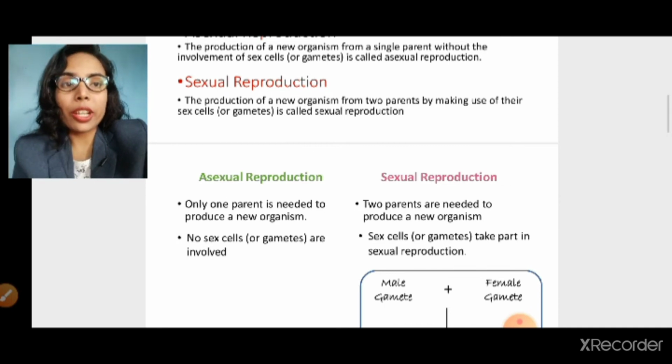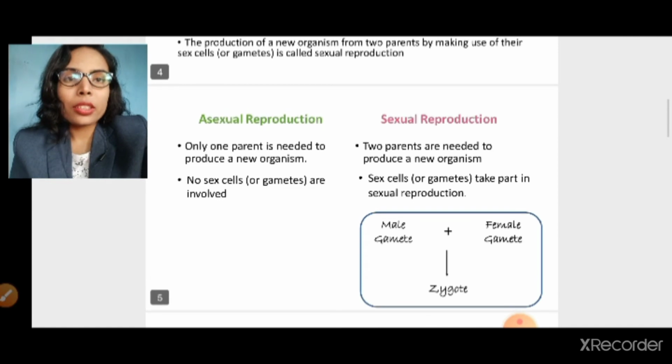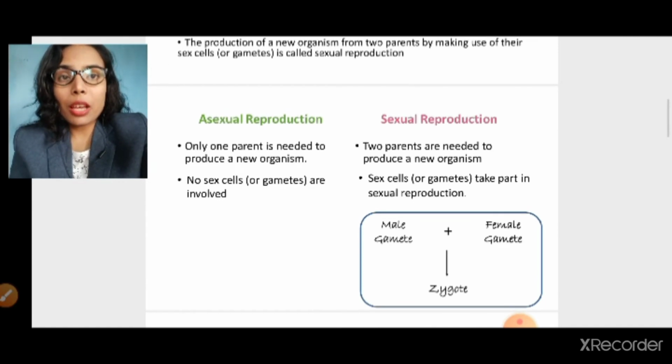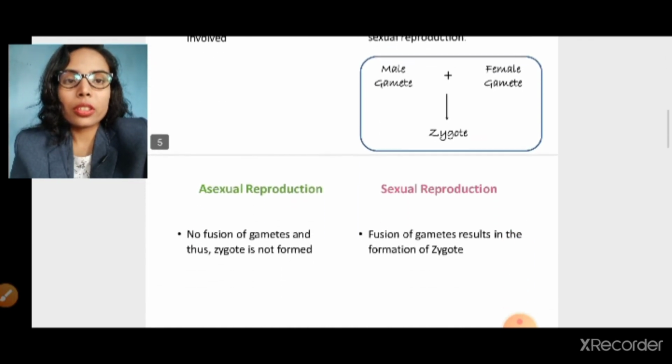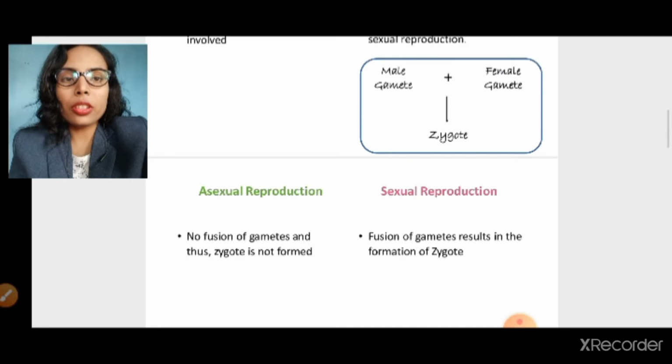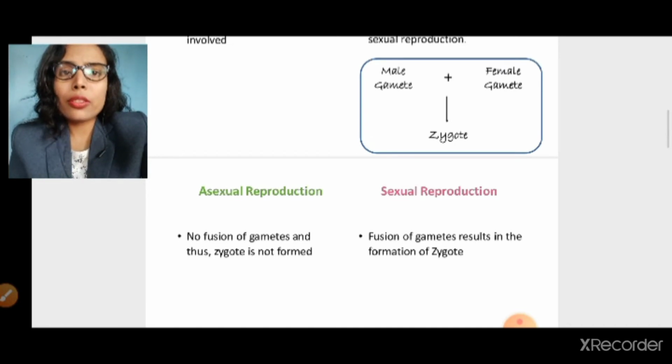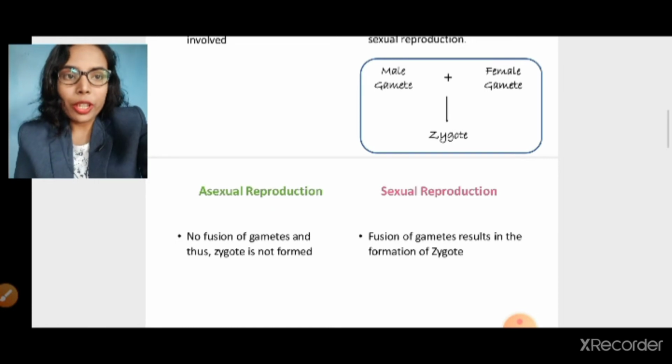As you know, the male gamete plus the female gamete forms a zygote. In asexual reproduction, there is no fusion of gametes and thus no zygote is formed. In sexual reproduction, fusion of gametes results in the formation of a zygote.